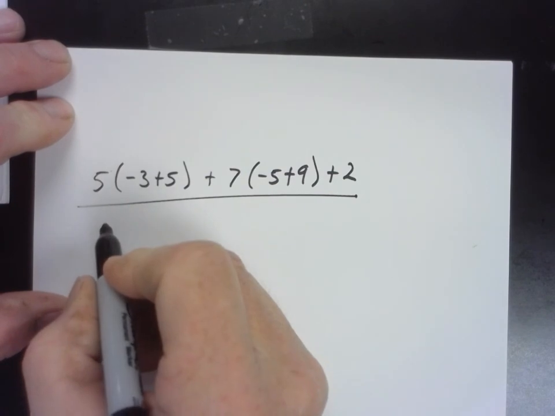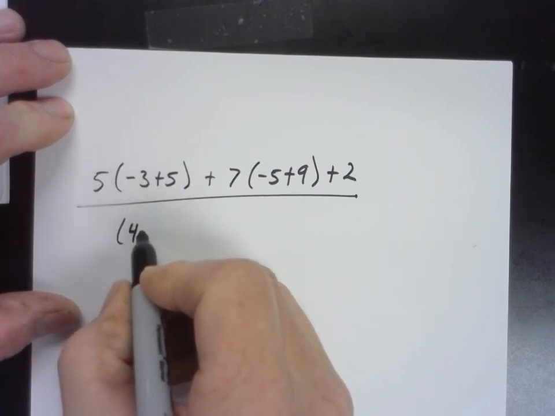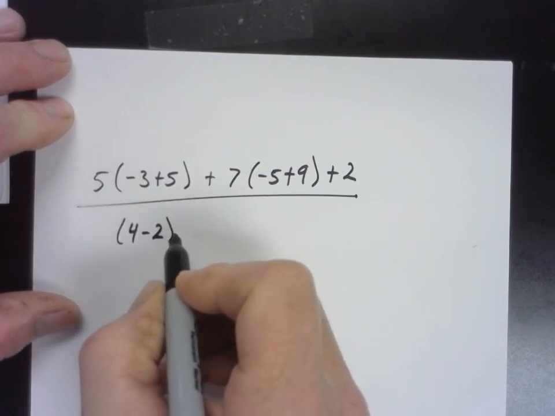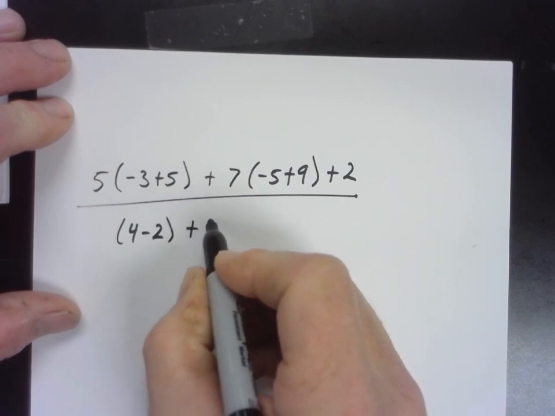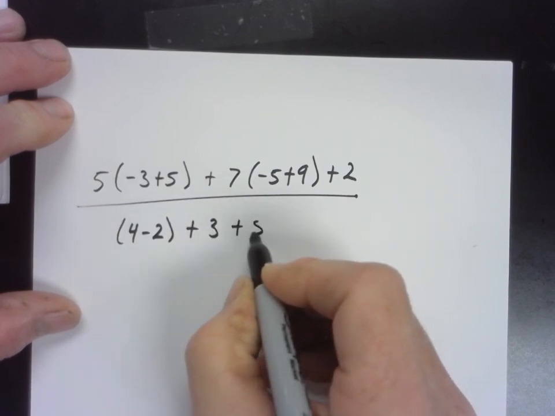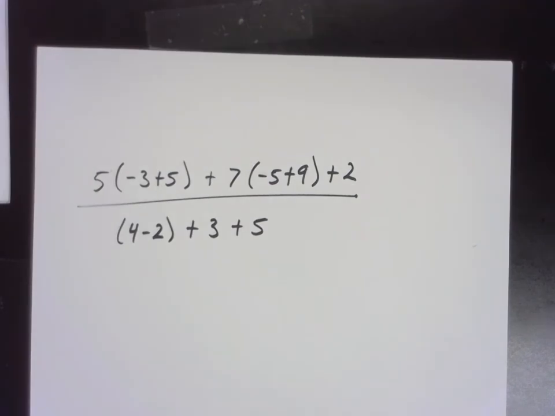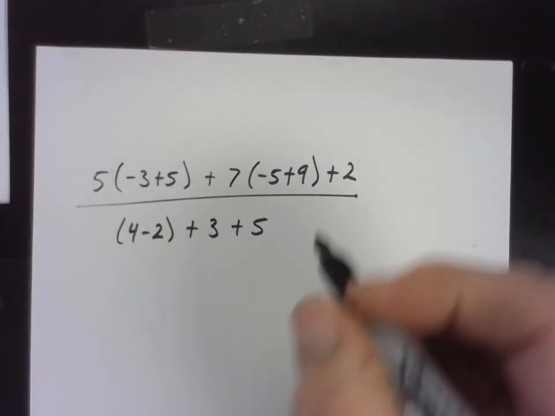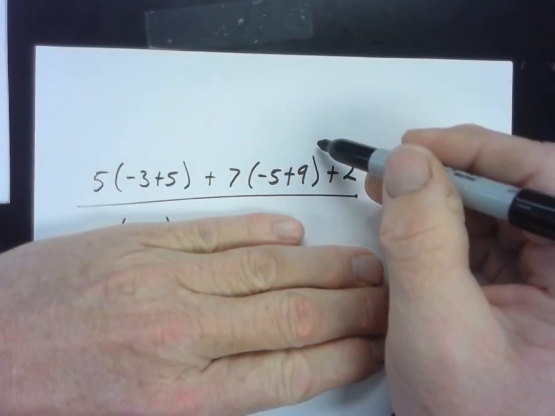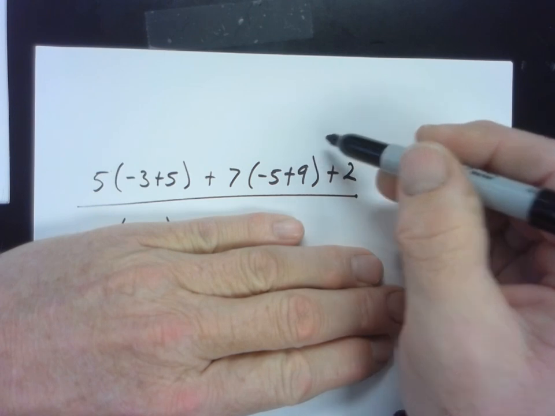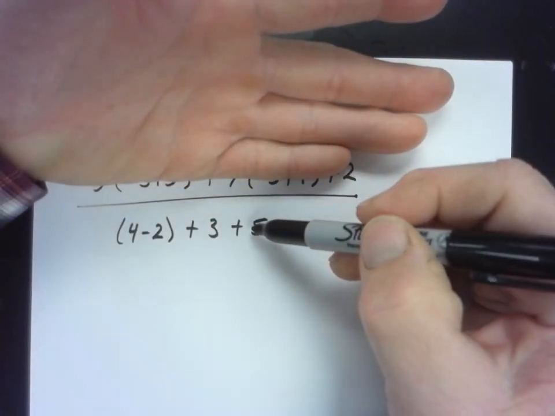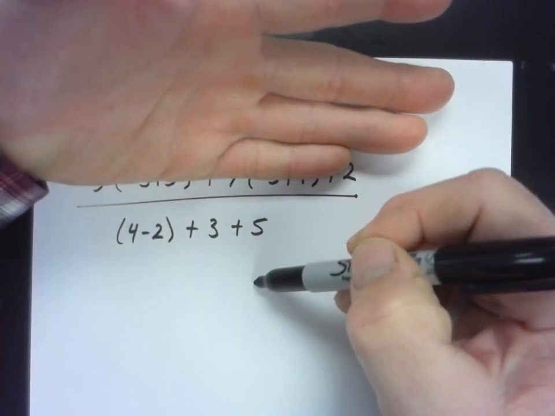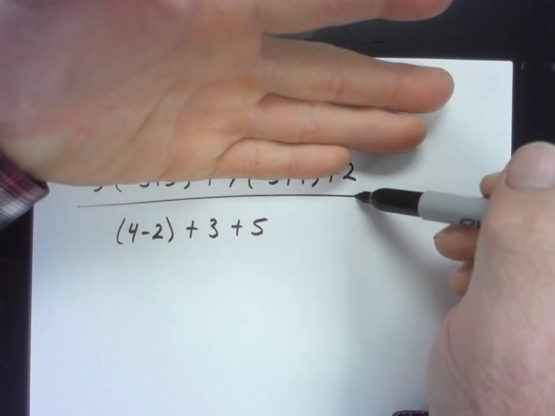Symbol of inclusion. A fraction line, a division line. In this case, we're going to say it's a fraction line, and it is a symbol of inclusion. Okay? You've got to simplify the entire numerator down to a single number, and then you've got to simplify the entire denominator to a single number, and then we're going to worry about the fraction line later.